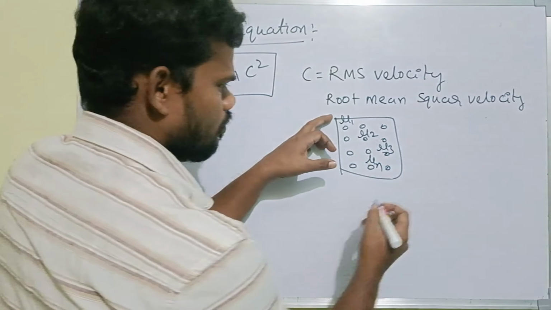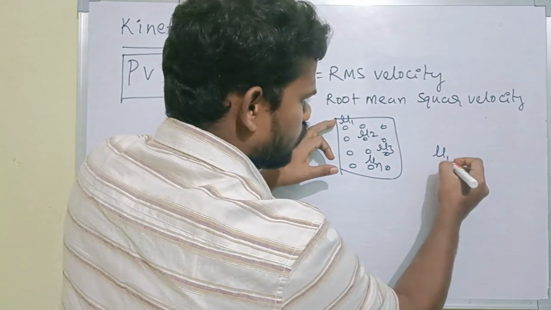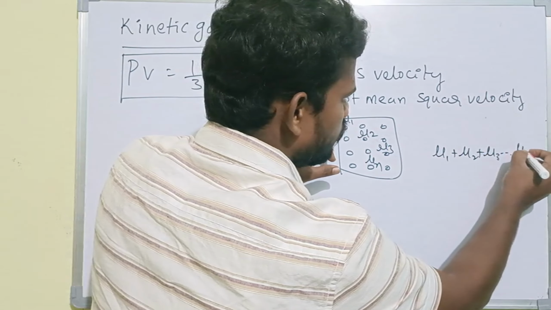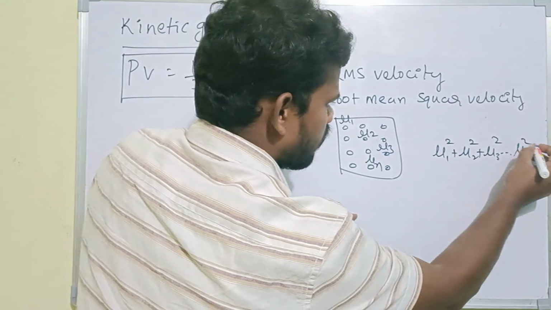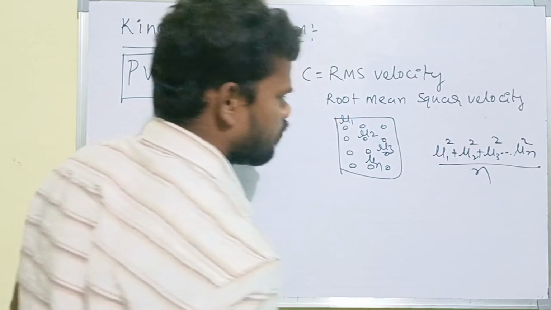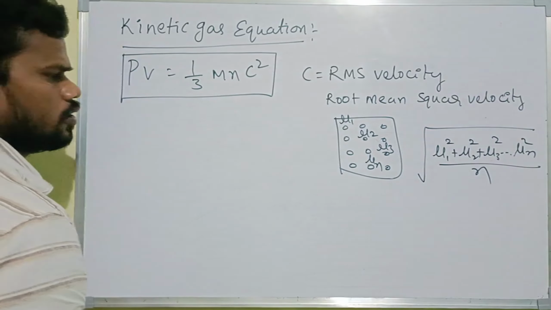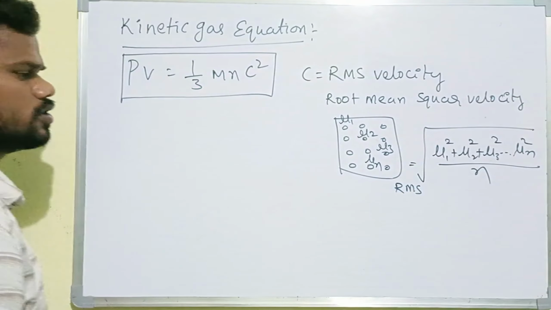For all these molecules, we take nu1 square plus nu2 square plus nu3 square and so on up to nu-n square, divide by the number of molecules n, and take the root. This is nothing but the RMS.